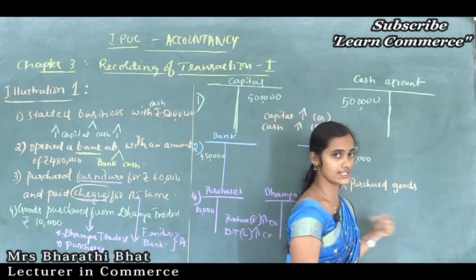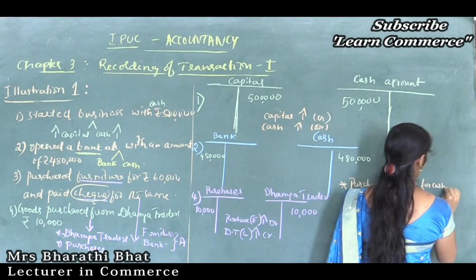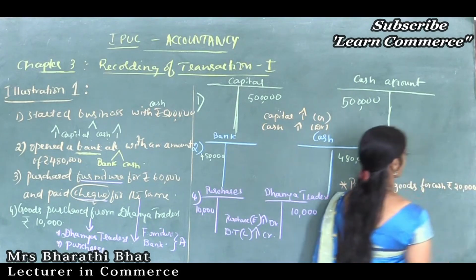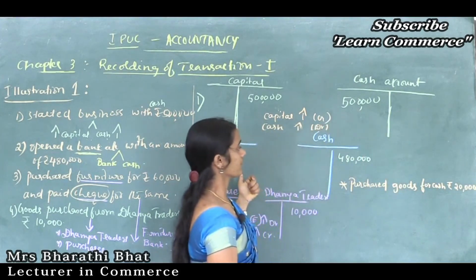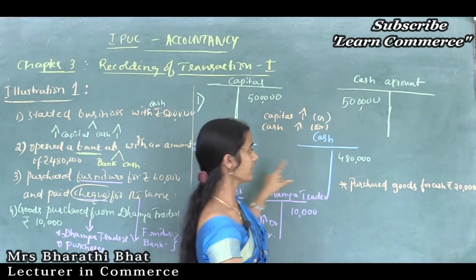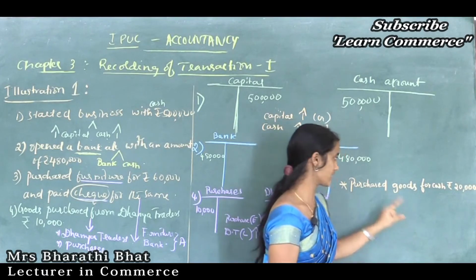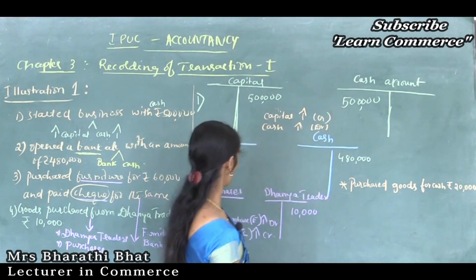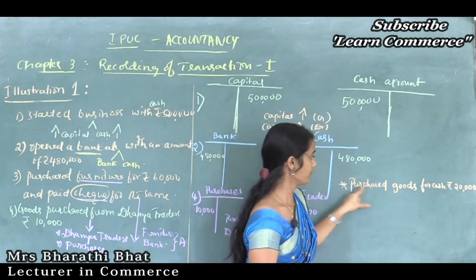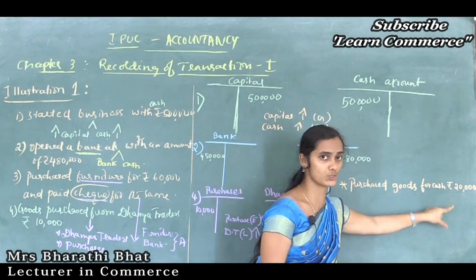Now I will give the transaction: purchased goods for cash, rupees 20,000. Apply the rule like this in the T format. Identify the two accounts affected in this transaction, like what we did in the previous transaction.